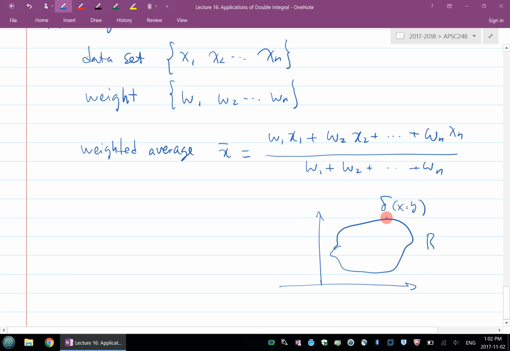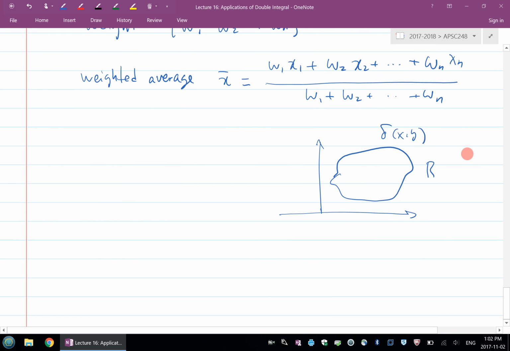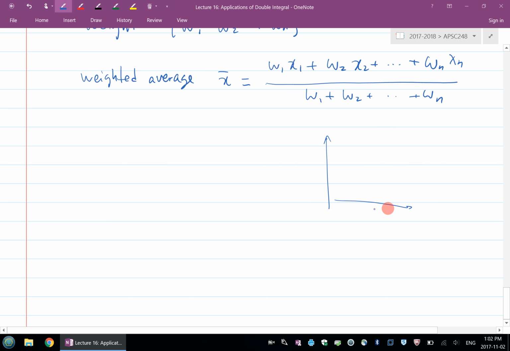Then maybe I should draw a 3D graph here. So here's region R, and it has a density delta x, y.